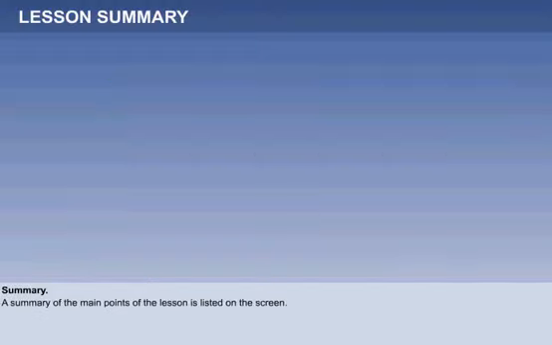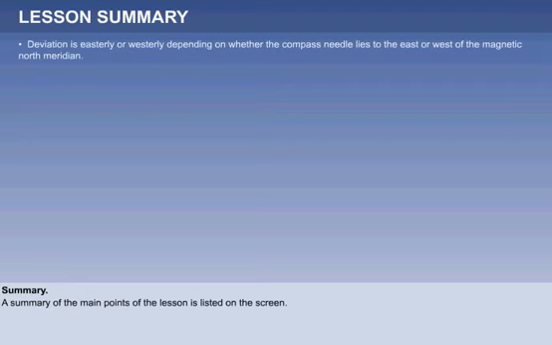A summary of the main points of the lesson is: deviation is classed as easterly or westerly, depending on whether the compass needle lies to the east or west of the magnetic north meridian. The resulting direction in which the magnetic compass points is known as compass north.